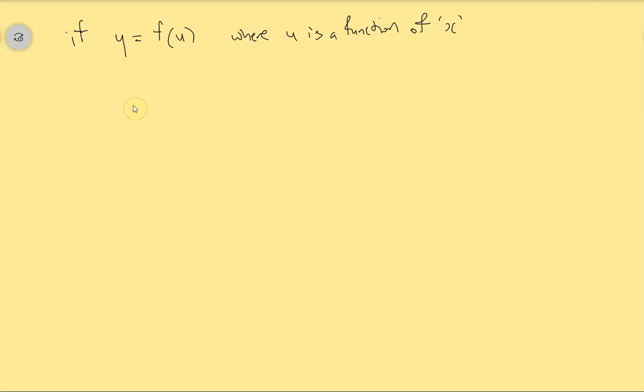just stating that. Now it says that the derivative dy dx would be equal to f prime of u, meaning you differentiate f with respect to u, f prime of u, multiplied by du dx, right?